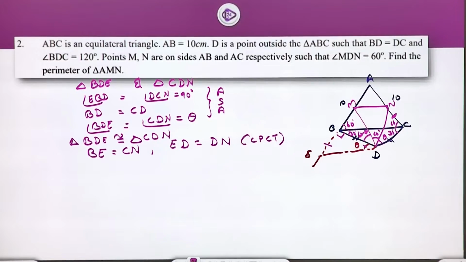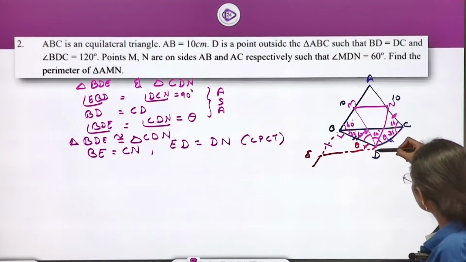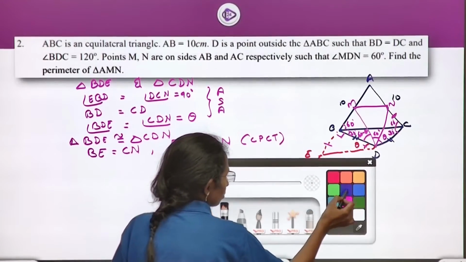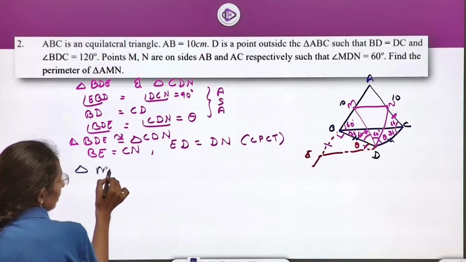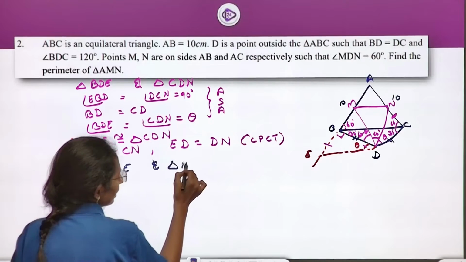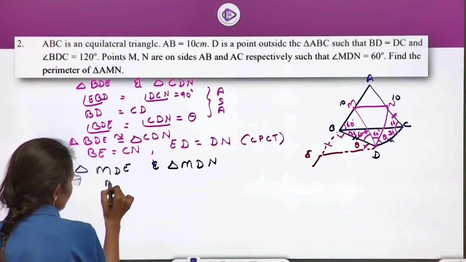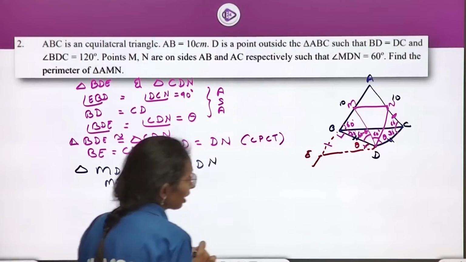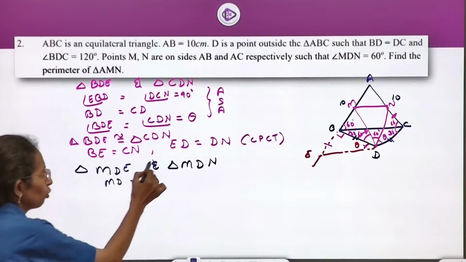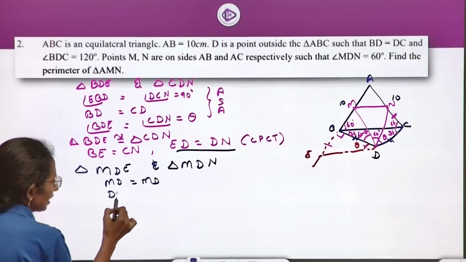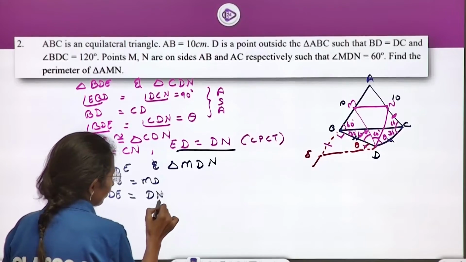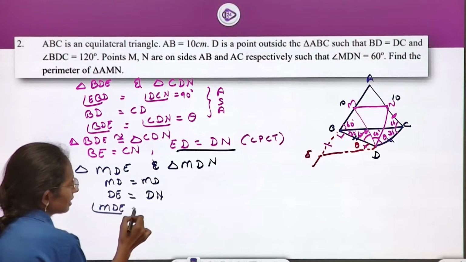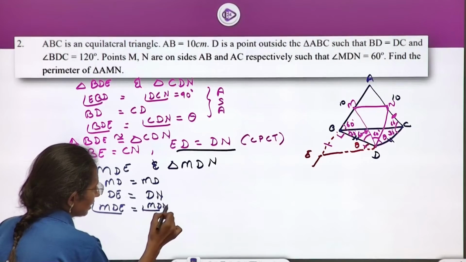Fine. Now we will be taking the triangle MDN and the triangle MDE. The other two triangles we are going to take, that is triangle MDE and triangle MDN. We can observe from the figure that MD is common in both triangles. Second, we had proved over here that side DE is equal to side DN of the second triangle. And angle MDE is equal to angle MDN, that is 60 degrees.